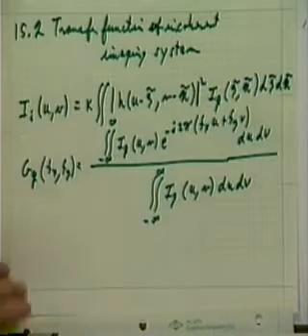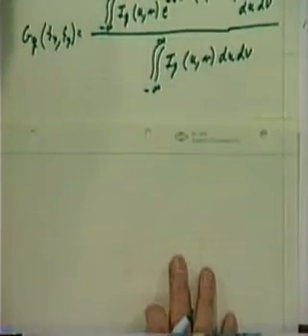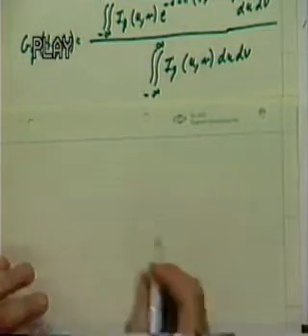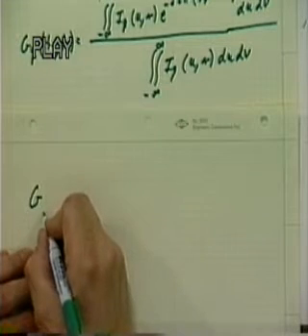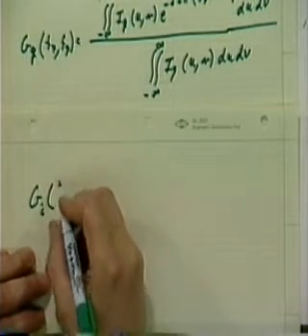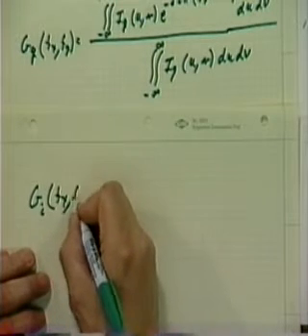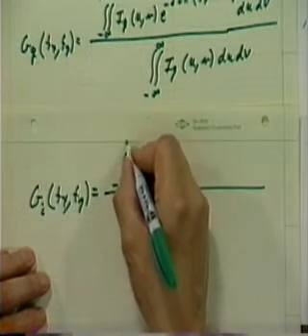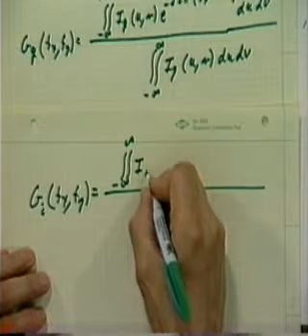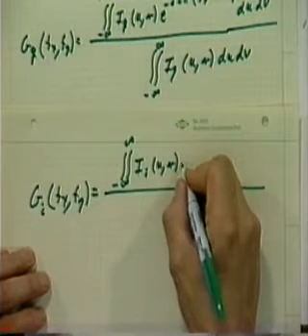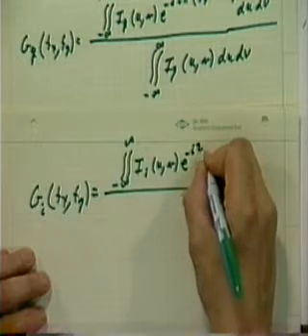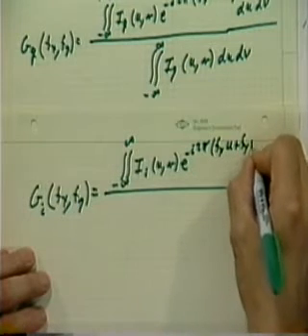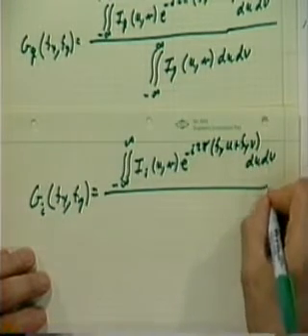And then we need to do a similar thing here for the real image we get. So I'll write that down, and then we'll stop for today, I guess. So for the real image here, the spectrum g sub i, f sub x, f sub y, is, well, the same Fourier transform, except here we put I sub i of u and v, e to the minus i 2 pi, f sub x u plus f sub y v, du dv.